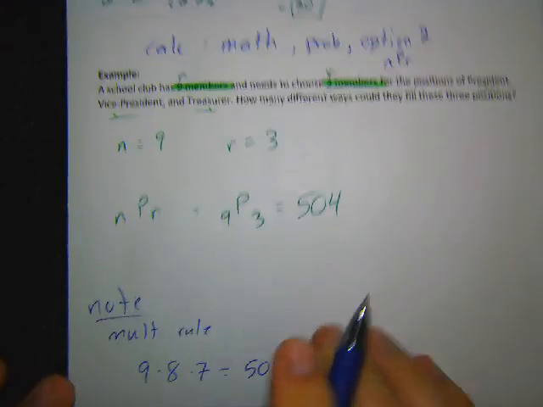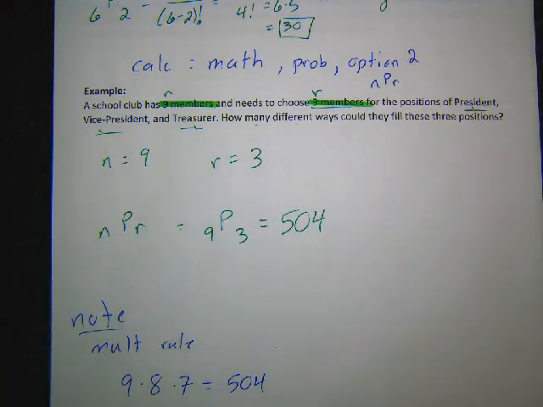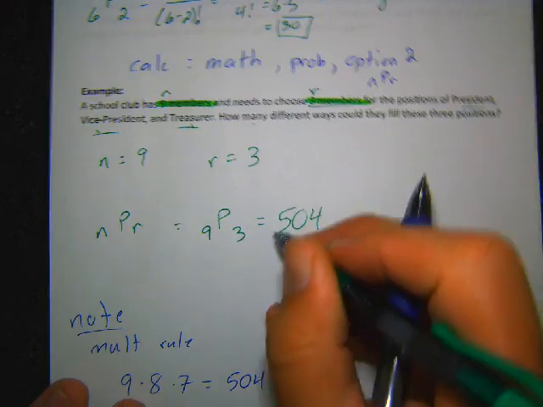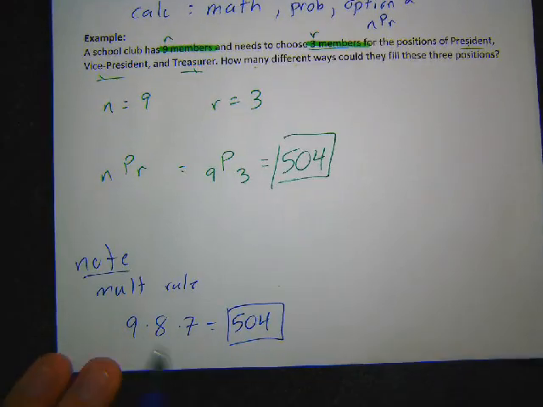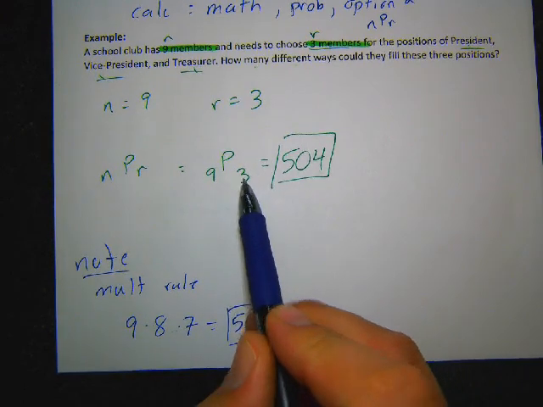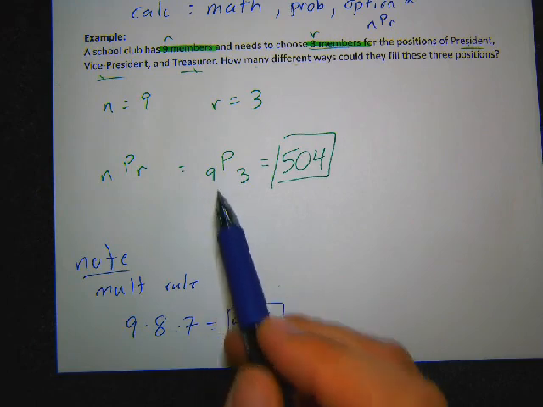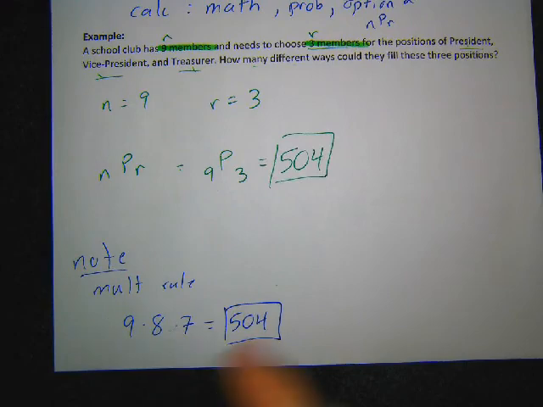But if you want to just use nPr, because you know how many you're picking out of and how many you're choosing, and you want to just throw it in the calculator, that works just as well. So I really don't care which way you do it, because both of them give you an answer. And the multiplication rule can be a pain if you're picking 15 people or whatever. You might have to type a lot of numbers in your calculator, whereas with the formula you only have to put the 15 down here out of how many you're picking out of. So some might be easier in that sense when you have bigger numbers to use the formula.